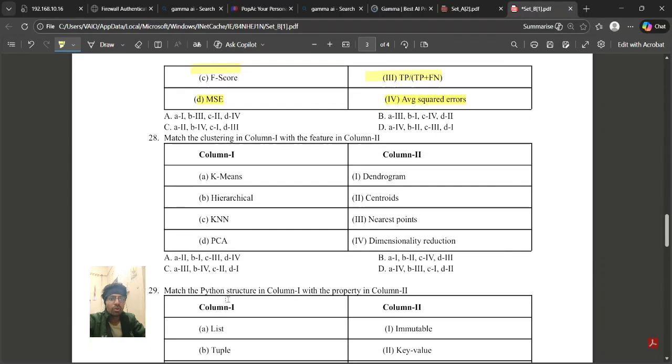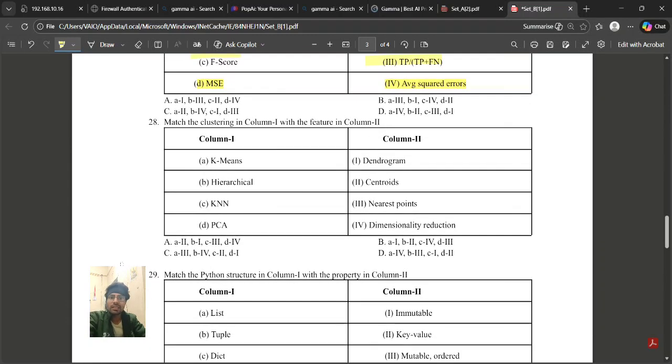Okay, now go to question number 28. Question 28 is also a match. In this we have k-means. K-means uses a centroid, the center point of a cluster, so the answer is second. Hierarchical clustering produces a dendrogram, so that's the first answer.